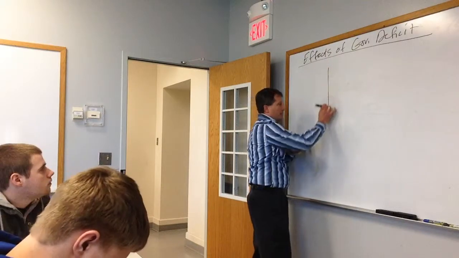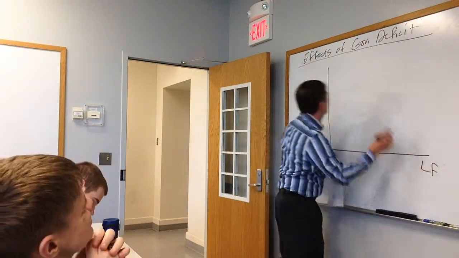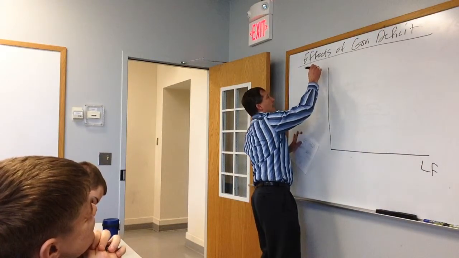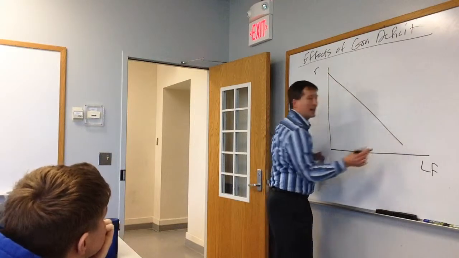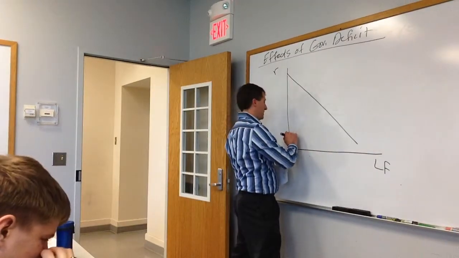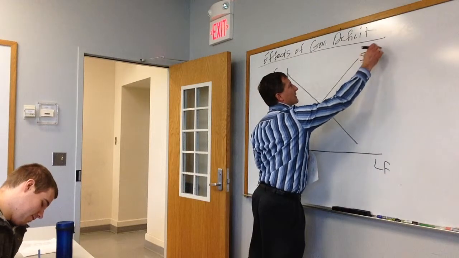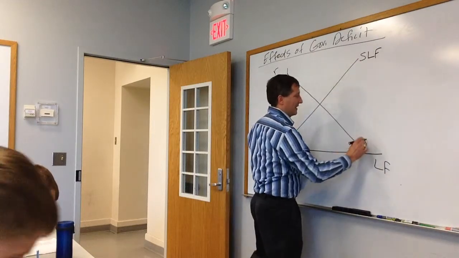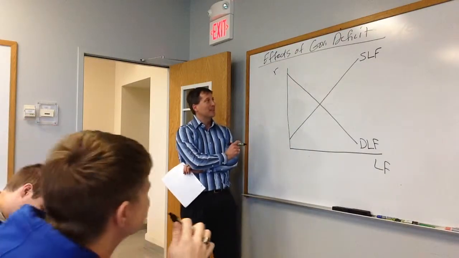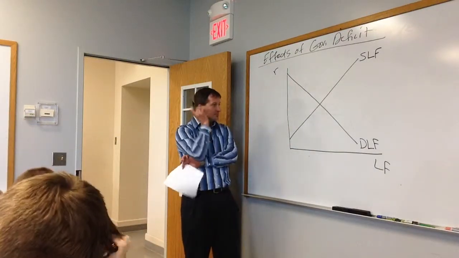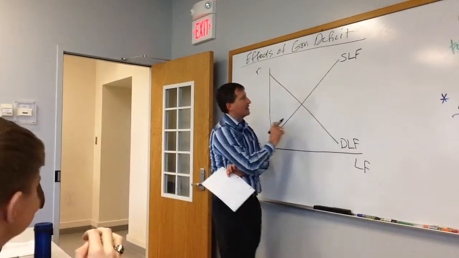So I want you to start off with home base here. And now in home base, I want to imagine a fairy tale place where the government has a balanced budget. I know, it's kind of... Hang on. I don't know if I have that kind of imagination. Okay, so the government runs a balanced budget. Or if you want, we can even think of no government, but that's a little harder.